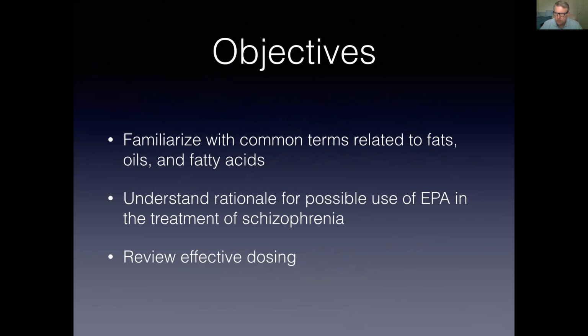To get everybody on the same page, I want to talk about terms related to oils and fatty acids. There's a whole bunch of terms, and I just want to give some brief definitions so that we have some clarity. And we'll talk about some of the rationale for why this would be potentially helpful, as well as some specifics of dosing.